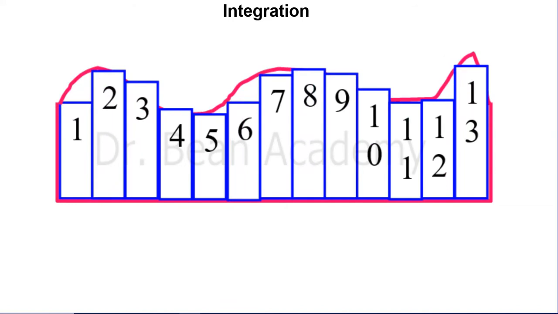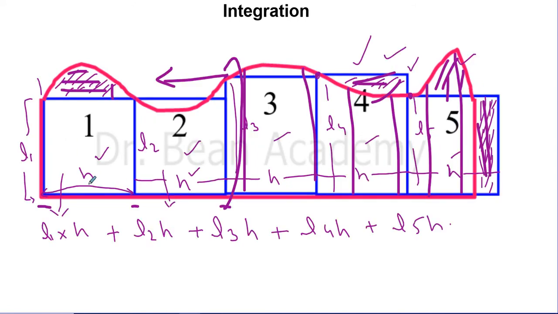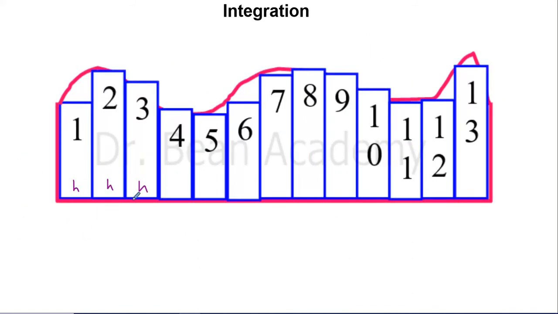I told you I can increase the number of rectangles as long as I keep the width of every rectangle the same. For example, whatever I choose, it should be h. Of course, in this case, this h is smaller than in the previous case. Here h was larger, but it was the same for all the rectangles in this problem.